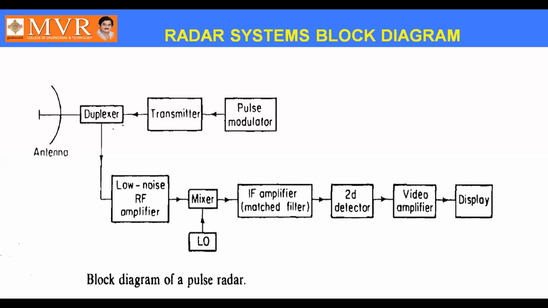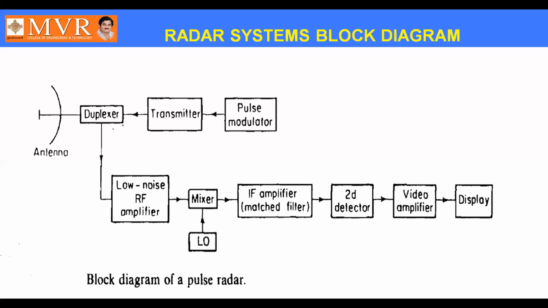This can be seen in the block diagram in front of me, where we have only one antenna. Now we need to know how a single antenna can serve as both transmitter and receiver. That is one of the main important aspects of the radar block diagram.